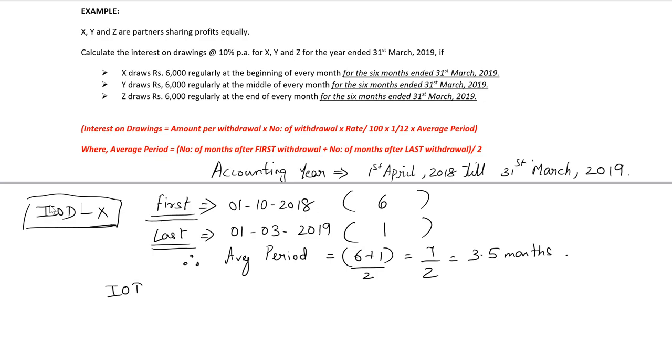Applying the formulae, rupees 6,000 is per withdrawal, number of withdrawals 6, rate by 100 is 10 by 100 into 1 by 12 into the average period, which is 7 divided by 2.